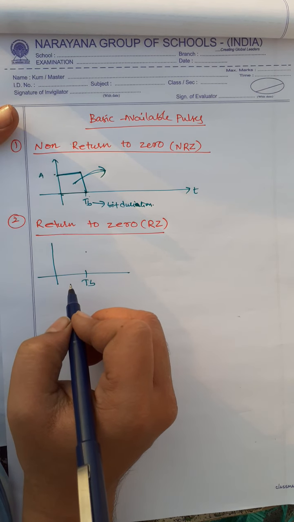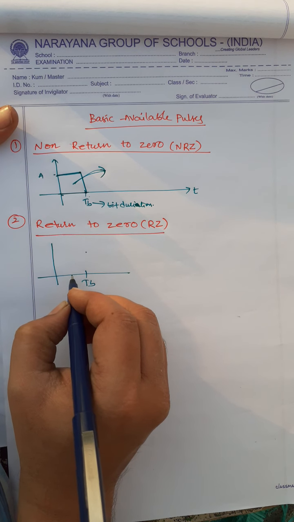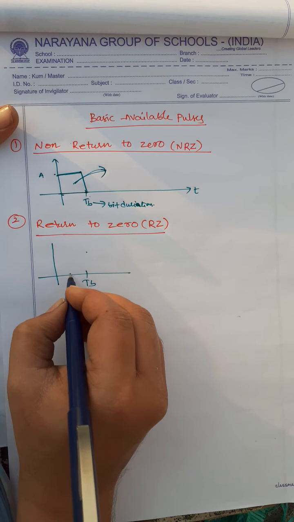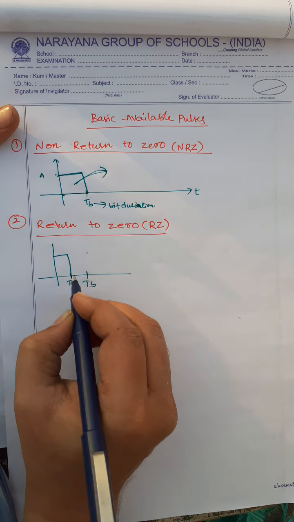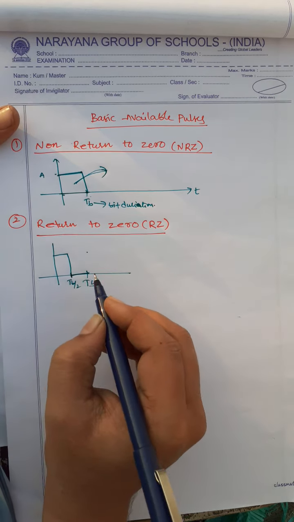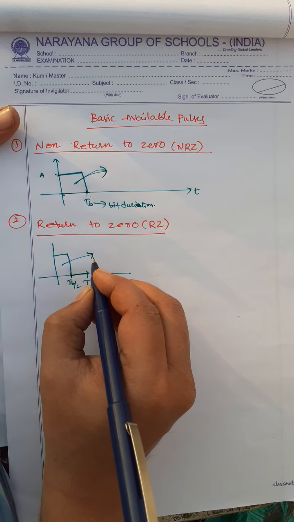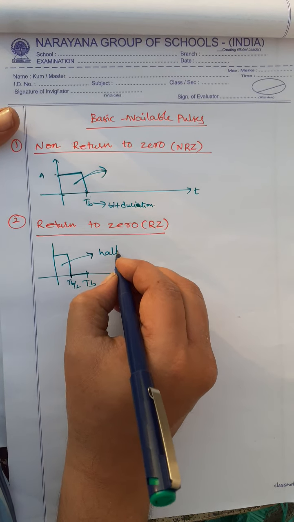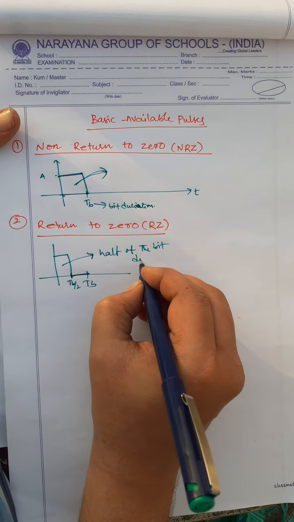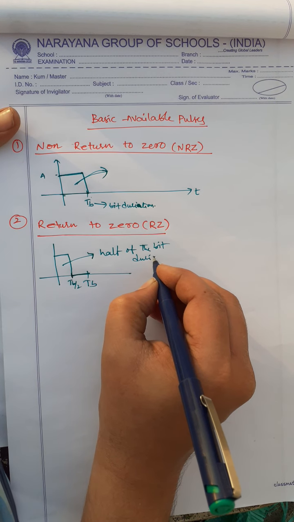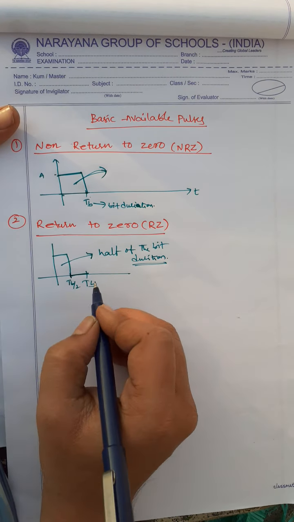The pulse is returned to zero exactly at TB by 2. So the pulse occupies half of the bit duration.